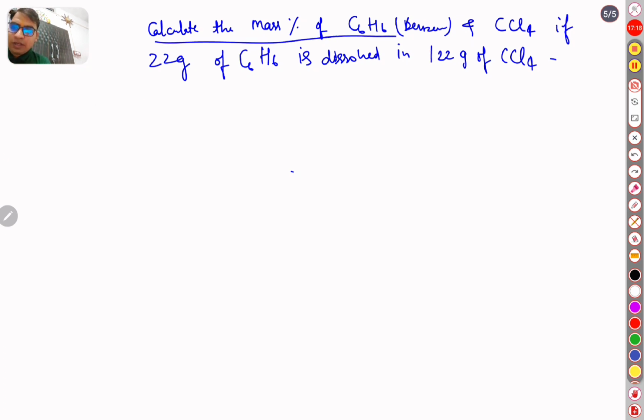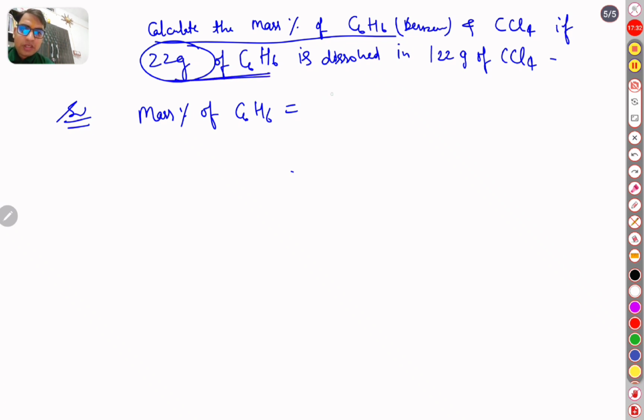So firstly we will see the solution. Mass percentage of C6H6 is equal to 22 gram, W1 given, that is 22 gram of C6H6, dissolved in 122 gram of CCl4. Means the total mass of solution: solute is 22 gram and solvent is 122 gram.